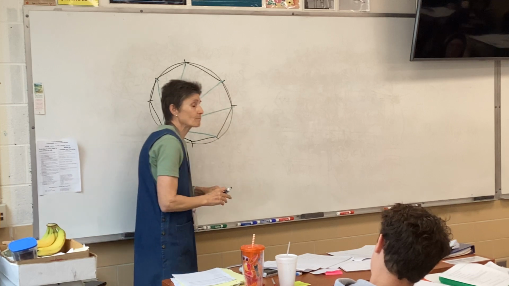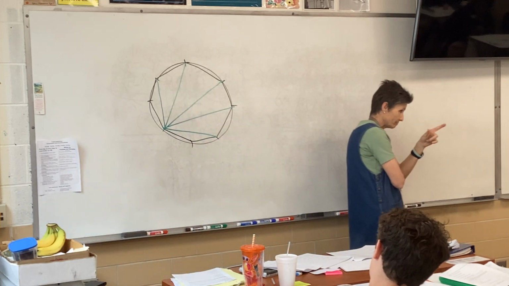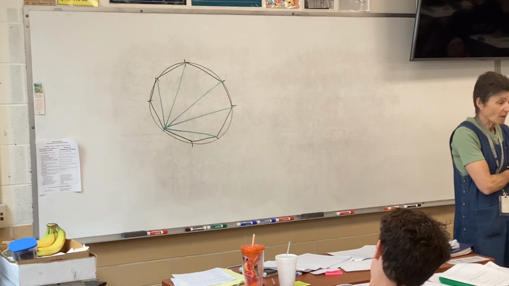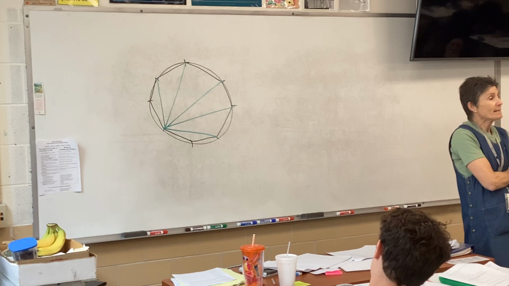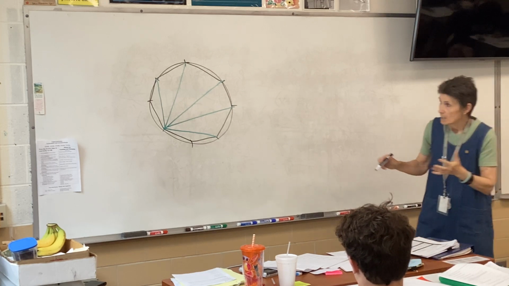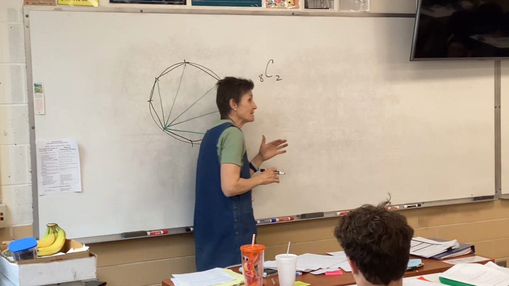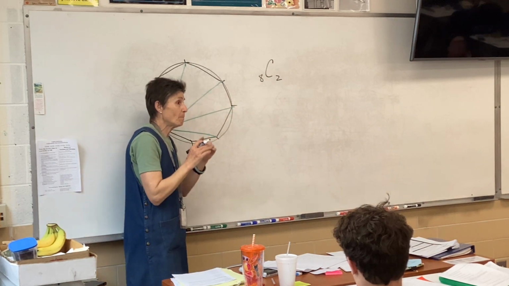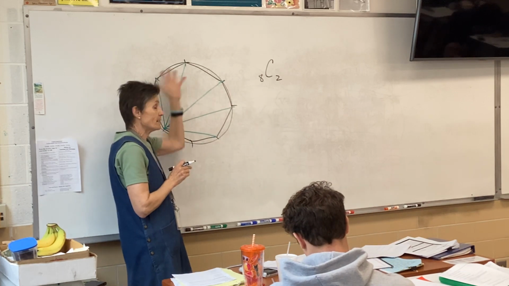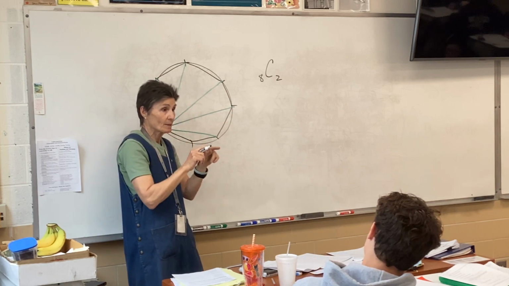Now, basically, I have 8 vertices, or 8 points, and I'm joining them 2 at a time. 8C2 would represent all of the possible line segments. 8 points, pick 2 at a time, any 2, join 2 at a time.